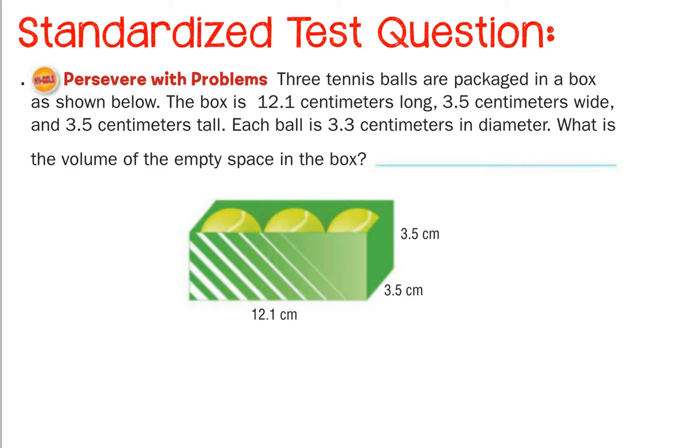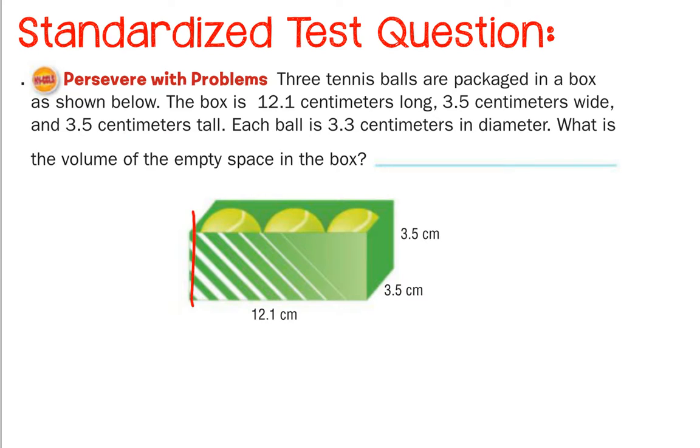All right, last one. Now, I really want you to give this a good long try. So pause the video now. All right, let's talk about how you should have started. Well, it asks you to find the volume of the empty space. The empty space is all the space in this entire rectangular box that is not filled by these 3 tennis balls. So you need to find the volume of these 3 tennis balls.